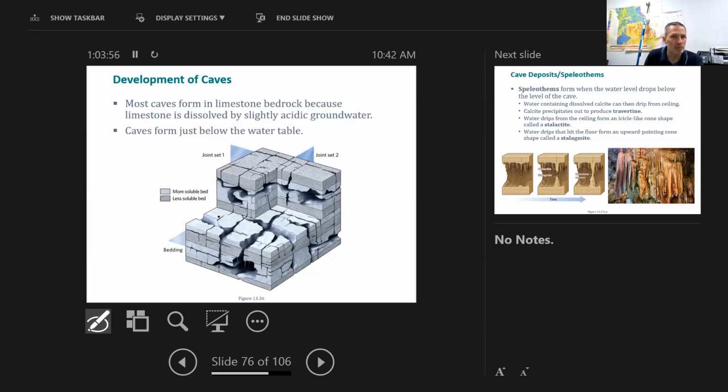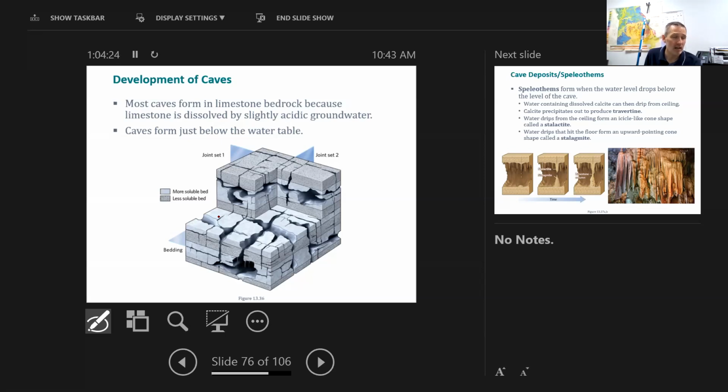And so if you have a rock made of calcite and we add some organic material in the soil, which is going to produce some carbonic acid, carbon dioxide plus water is carbonic acid. If you have this carbonic acid hitting this limestone, you can start to dissolve that limestone to create these caves. And these caves can follow joints.